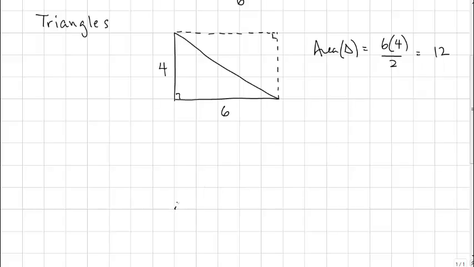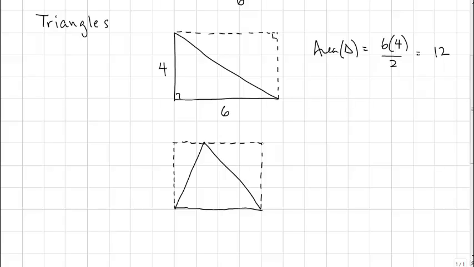So what if we have a triangle like this, where it's clearly not a right triangle? Well, you can make a rectangle that surrounds or bounds the triangle by just putting in a couple of vertical lines and a horizontal line.